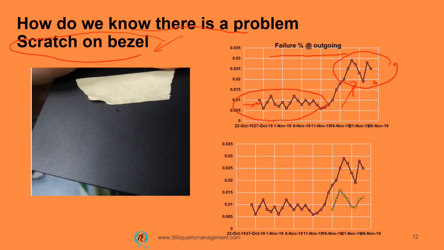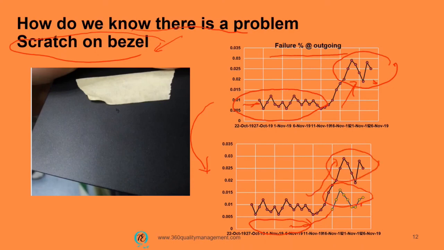So a simple way of detecting where the problem comes from is to plot the incoming inspection rate of this bezel and we found that normally there's no reject or very few rejects. However, at this green line here, suddenly there's an increase, and this has caused the spike as well.